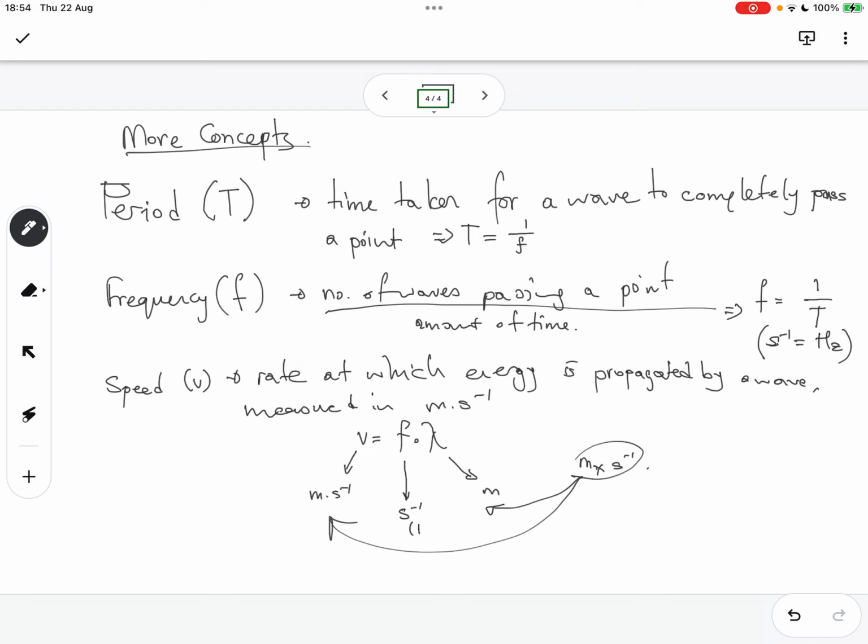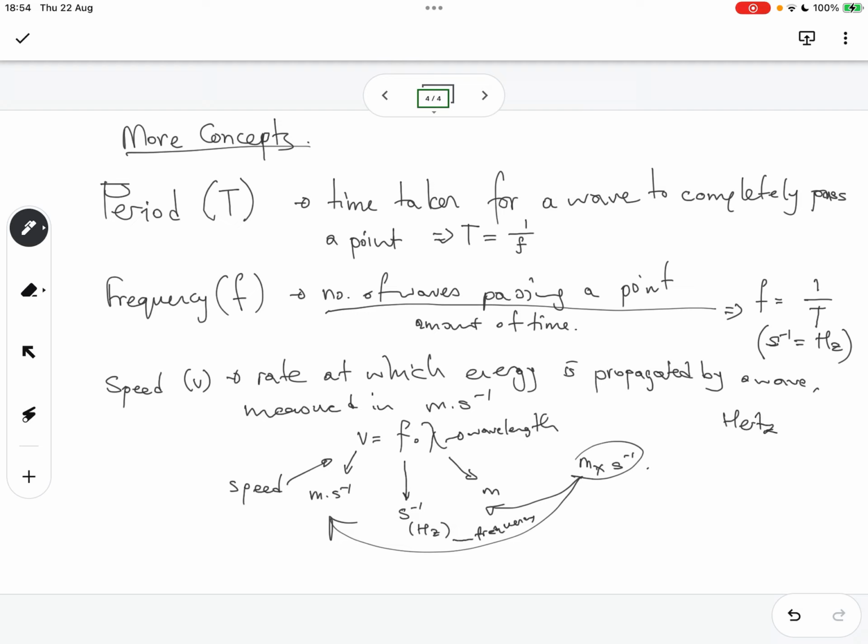Again, this is hertz. So this would be wavelength, this would be frequency, and this would be speed.